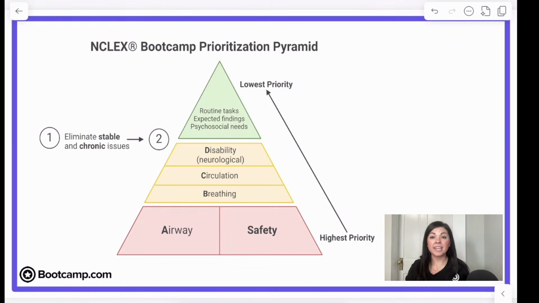Once again, we certainly want you to approach these prioritization items very strategically, because it typically involves many different disease processes, many different tasks. So you're having to use a lot of your comprehensive knowledge in order to have a really good overall picture of the different options. So please continue to practice, use our prioritization pyramid, check out our cheat sheet.